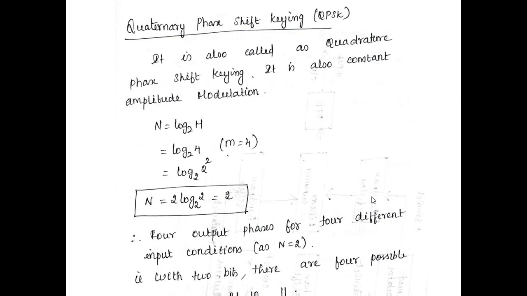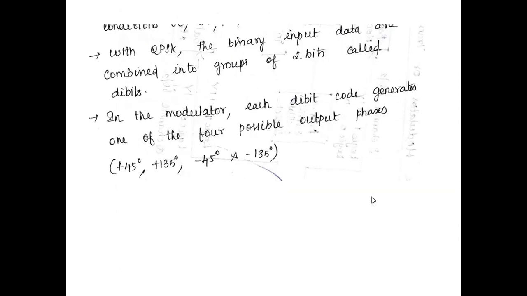It means there are 4 output phases because M is equal to 4, and 4 different input conditions because n is equal to 2. It means we have a 2-bit combination, so four possible conditions occur: 00, 01, 10 and 11. With QPSK, the binary input data are combined into groups of 2 bits, called dibits.